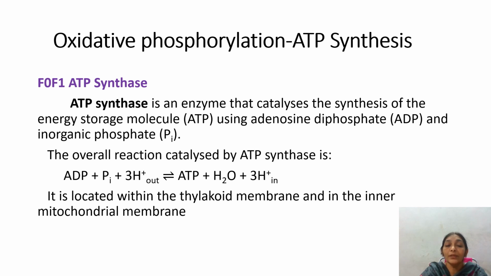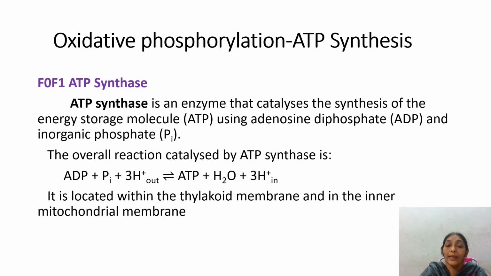F0 F1 ATPase is an enzyme system present with the complexes in the inner mitochondrial membrane, or thylakoid membrane in the chloroplast, which is involved in the phosphorylation of ADP for the synthesis of ATP. So this ATP synthase is an enzyme that catalyzes the synthesis of ATP.